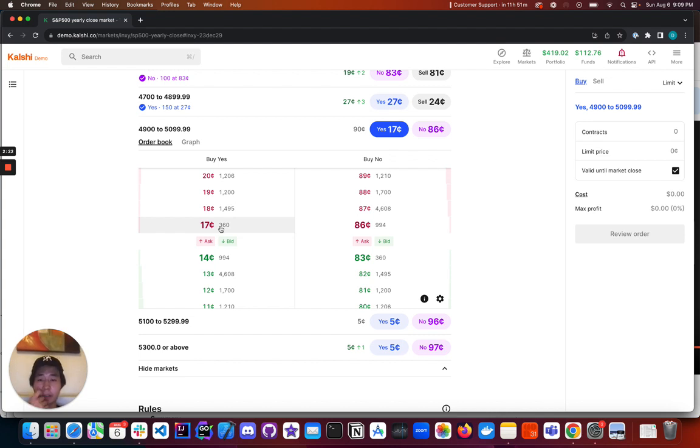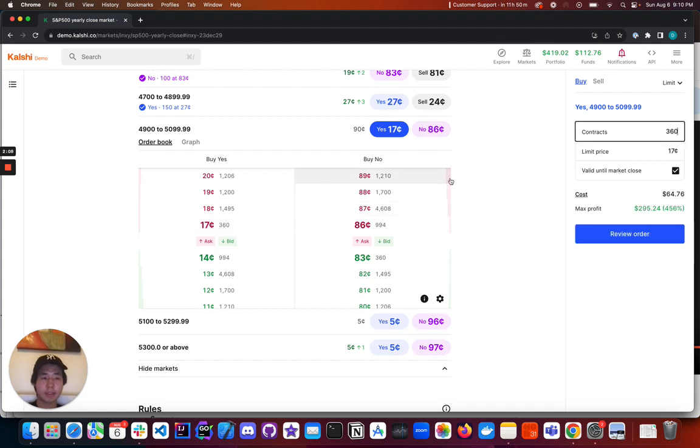trade with. So let's say we're interested in trading yes, but we can just go over and say, okay, the lowest price somebody's willing to sell yes contracts at, 360 of them to be exact, is 17 cents. If you'd like to place a trade on the yes side, all you have to do is click right there. Super convenient. The order panel in your top right corner automatically populates with that lowest ask price that we just clicked.